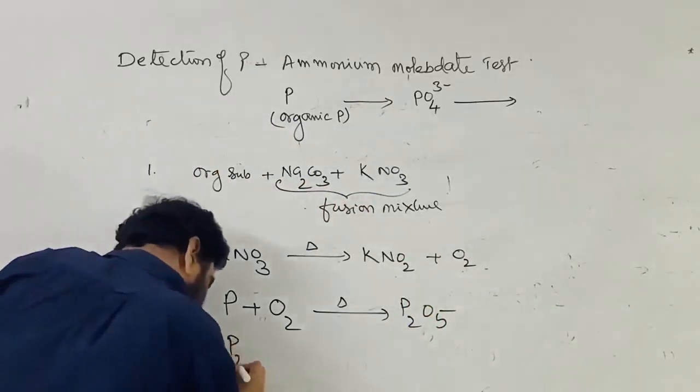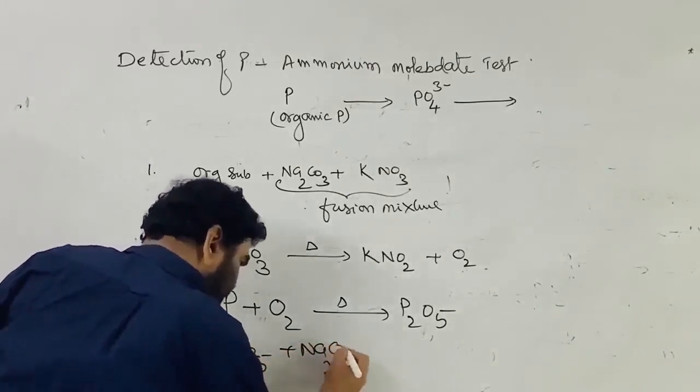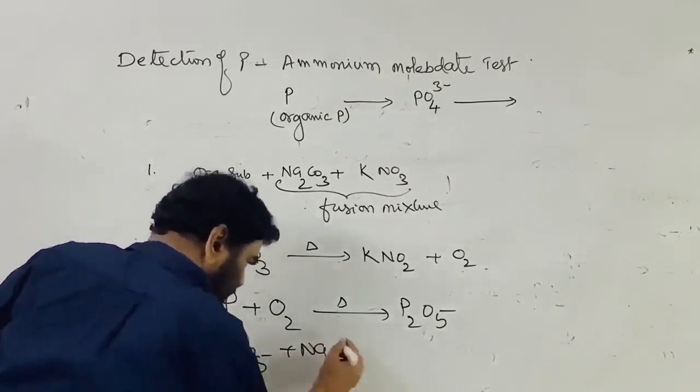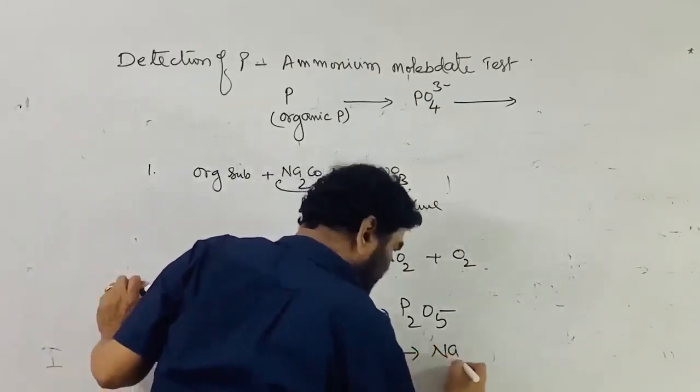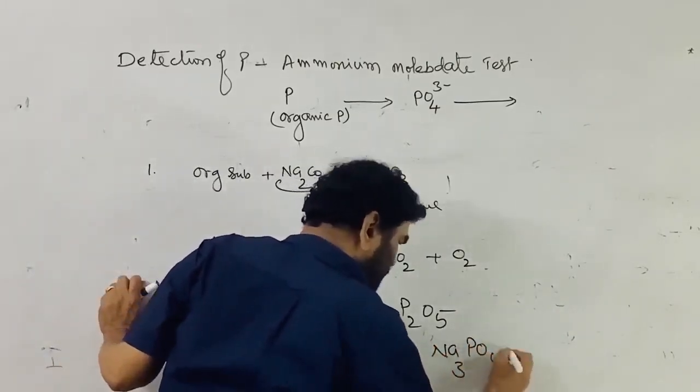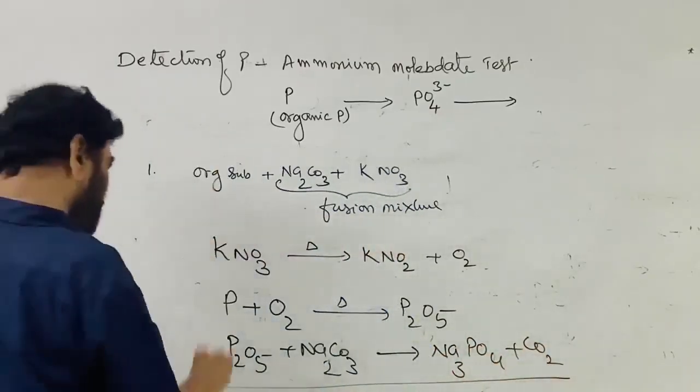Phosphorus pentoxide P2O5 reacts with sodium carbonate Na2CO3 to give Na3PO4 plus carbon dioxide.